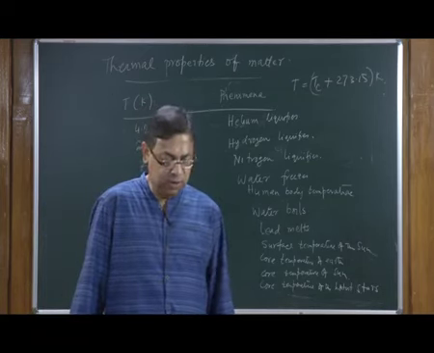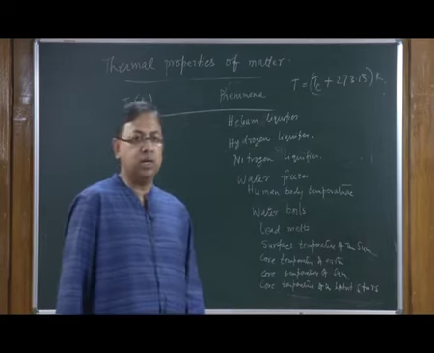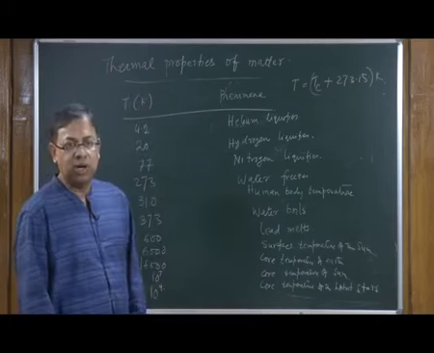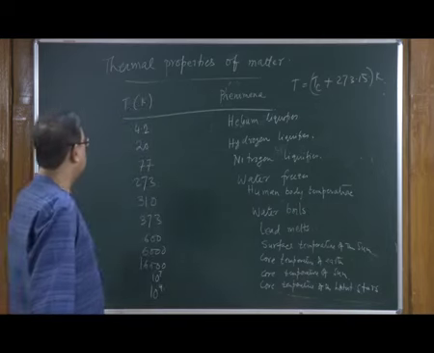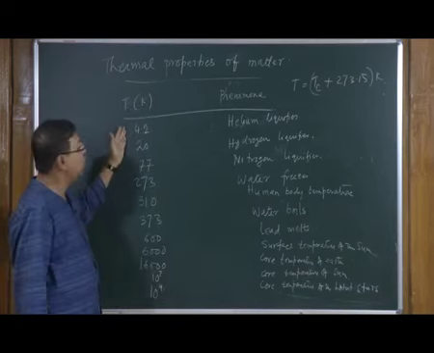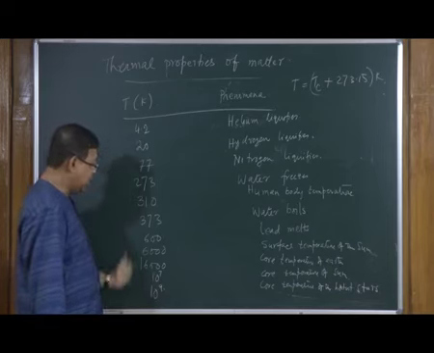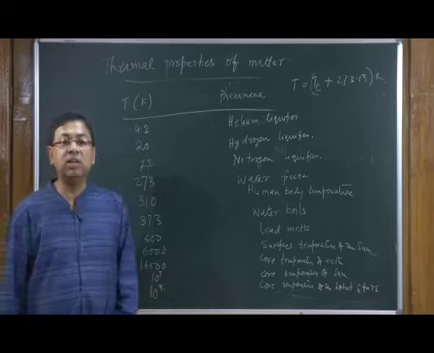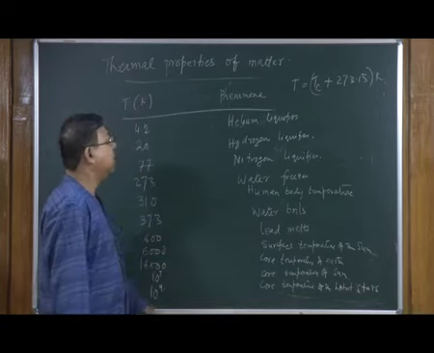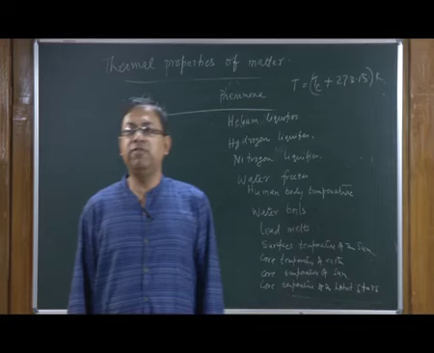White dwarf is an example of such things which are usually taught at higher level. So, we will not elaborate on that, but these are starting from 4.2 Kelvin close to 0 Kelvin all the way up to 10 to the power 9 Kelvin. There are different phenomena that are important scientifically.